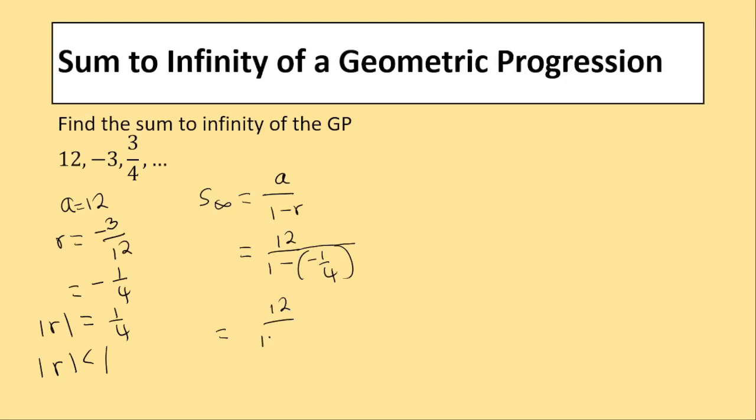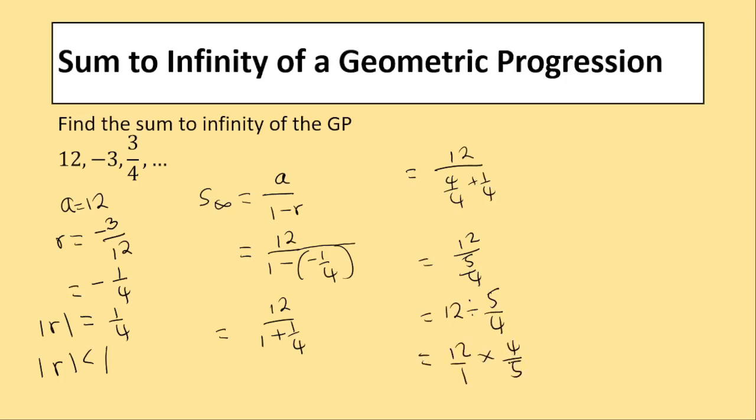So what we have is 12 over 4 over 4 plus 1 over 4. So we'll have 5 over 4. So we are dividing this 12 by 5 over 4. So multiply that. This is what we get.